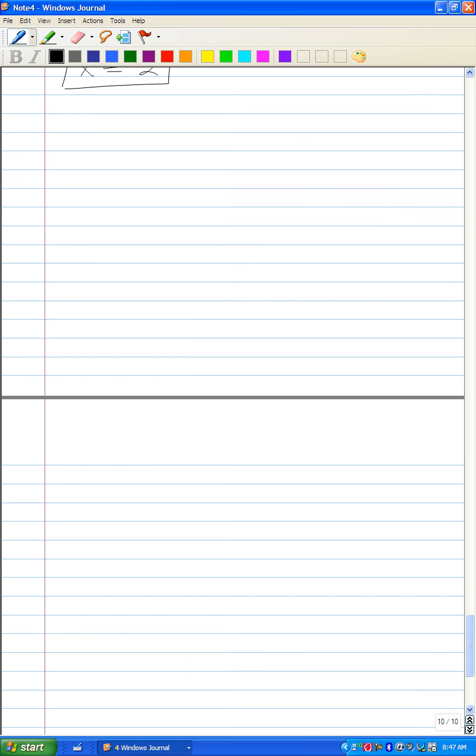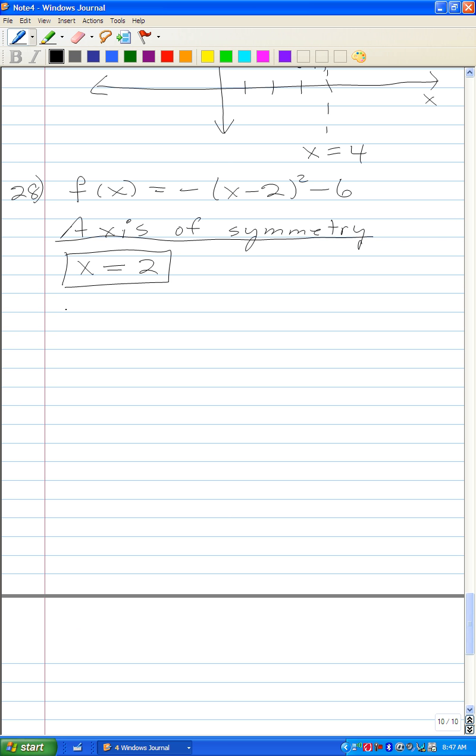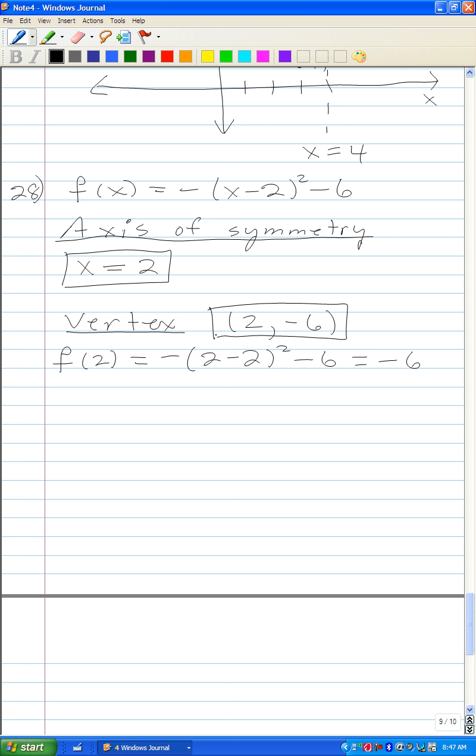The vertex has x coordinate equal to 2. Let's determine the y coordinate by plugging in 2 for x. Well, 2 minus 2 is 0. Squared is 0. The opposite of 0 is 0. Minus 6 is negative 6. So your vertex is at (2, negative 6).